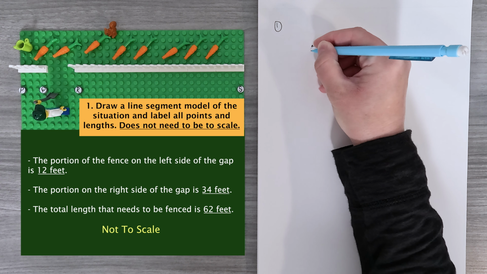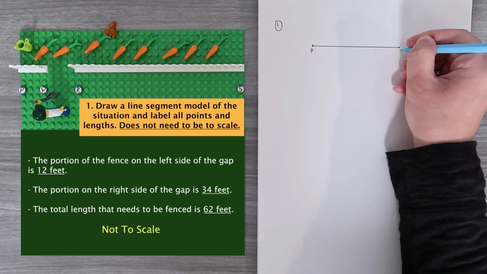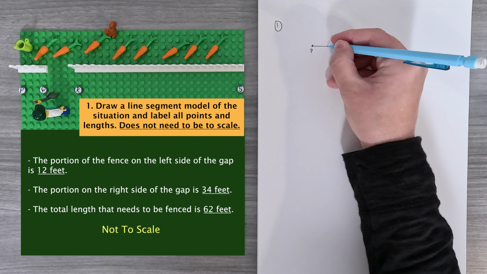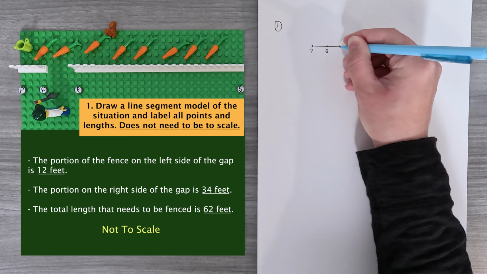So we'll start with P and then label this end with S, and then add in labels for Q and R.